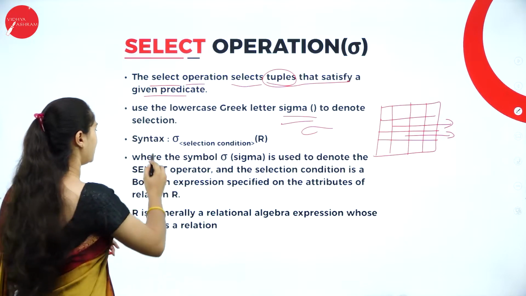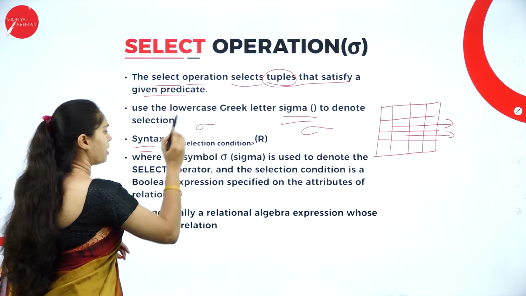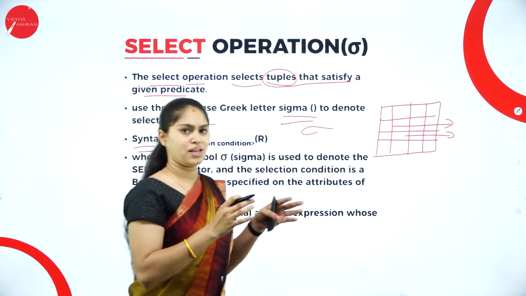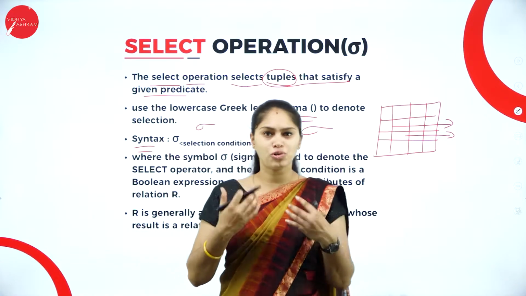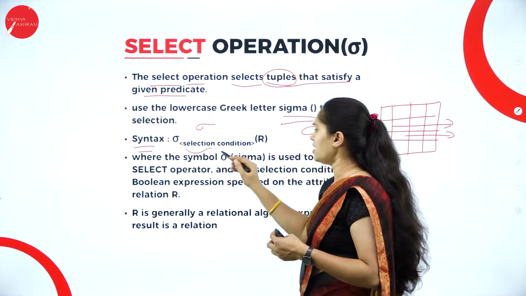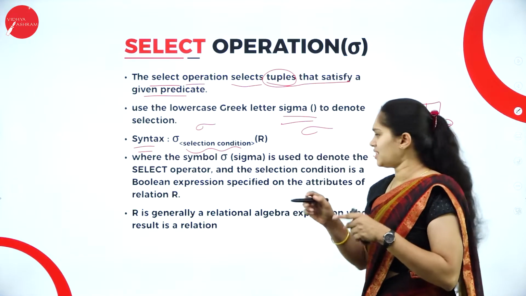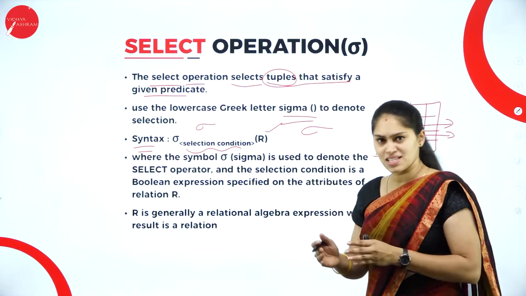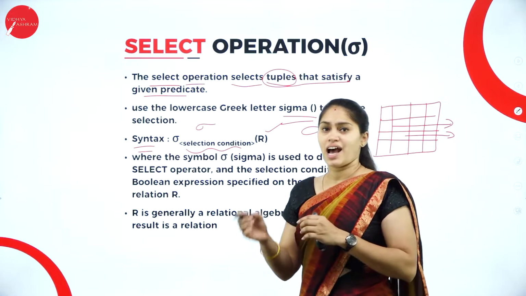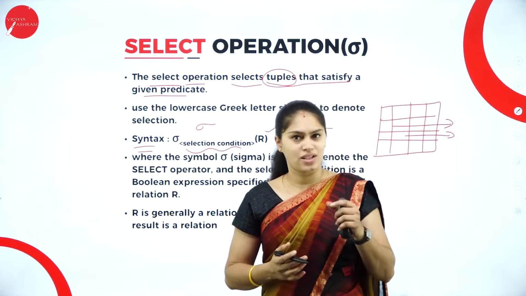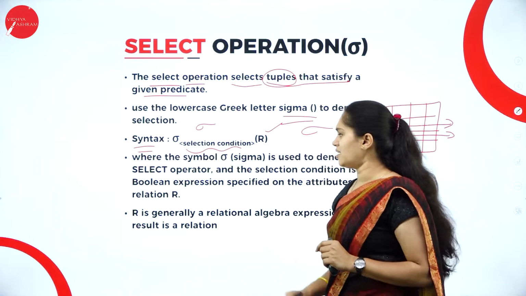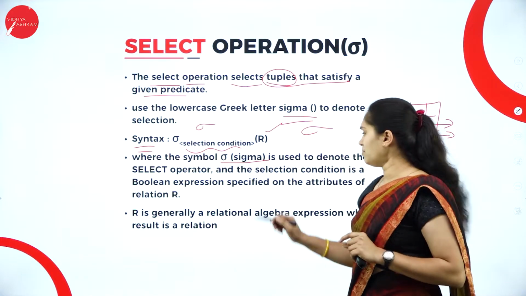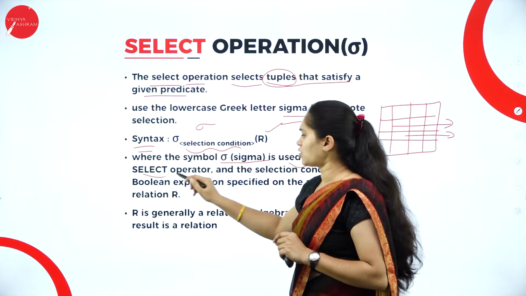You can see the syntax here. Here we have a sigma. Along with that, as a parameter we have to give a certain condition, that is, the selection condition, within the relation. I have to specify from which relation it has to take that value. So here sigma is used to denote the select operator.